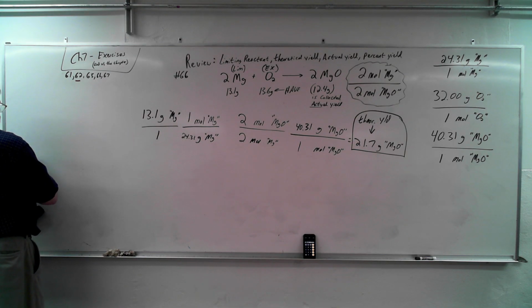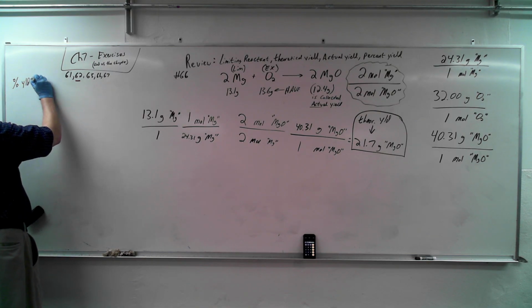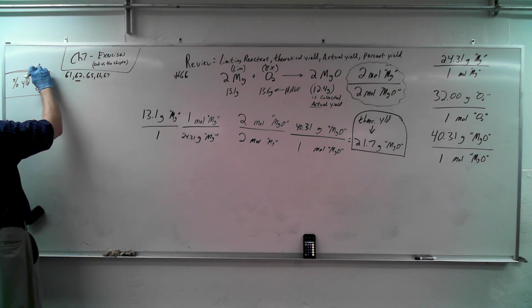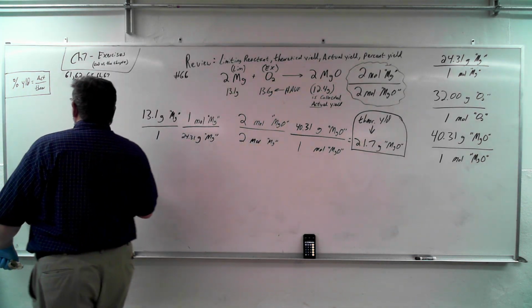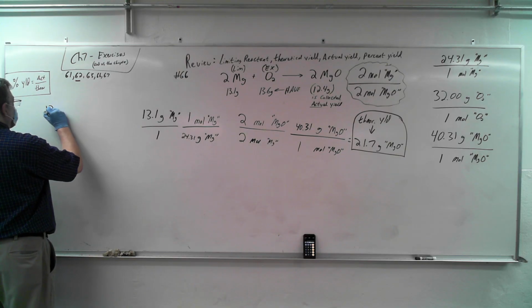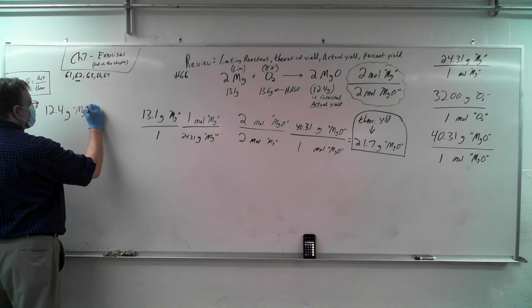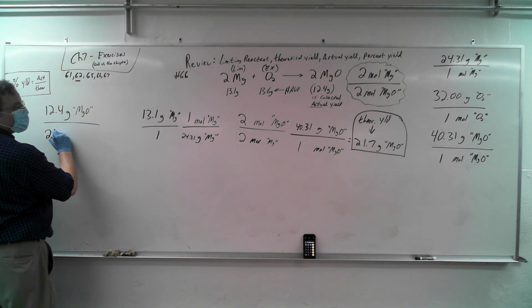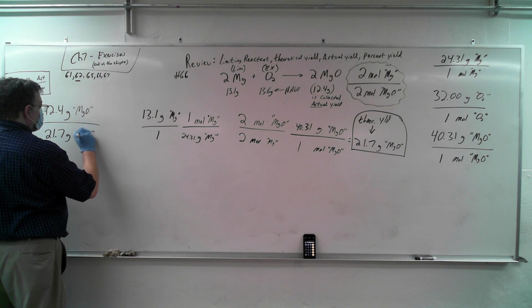Percent yield is always actual over theoretical. Actual over theoretical. So I'm going to put the actual yield, 12.4 grams. You can put the MgO here. And down here the theoretical is 21.7 grams MgO.